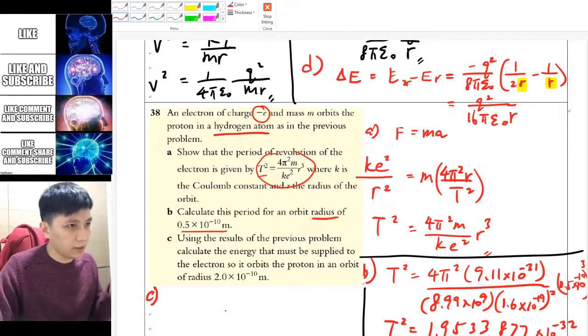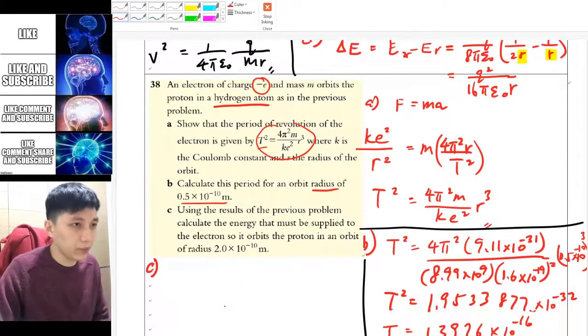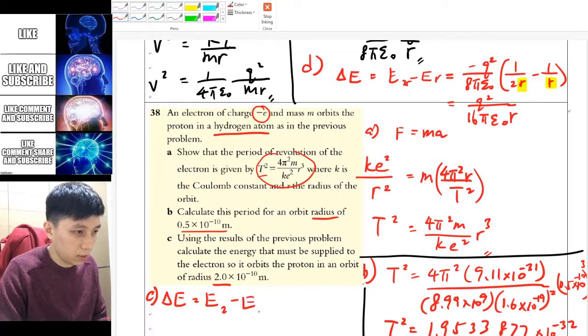Part C is the same as part D in the previous question, but this time they give you the number simply, so you just have to do the same thing. Delta E equals E at this radius minus E when the radius is 0.5, just a notation that I made up.